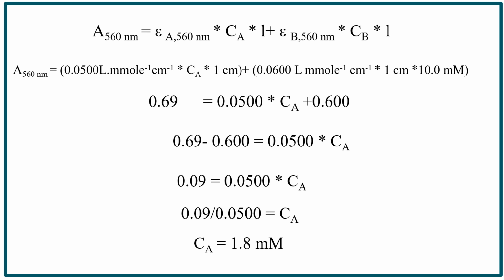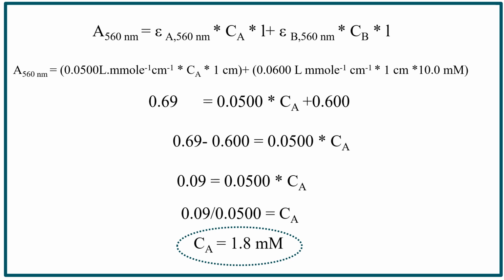We get the concentration of A, which is 1.8 millimolar. So in this way we can calculate the unknown concentration of a mixture, that is, compound A or compound B.